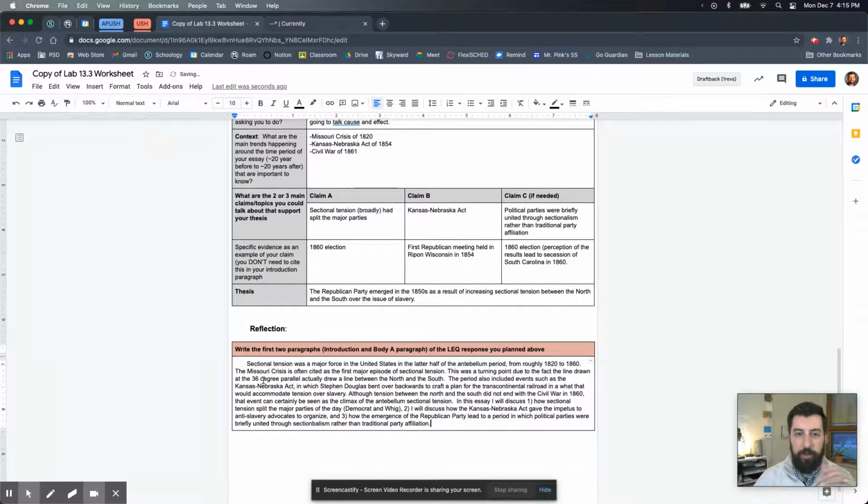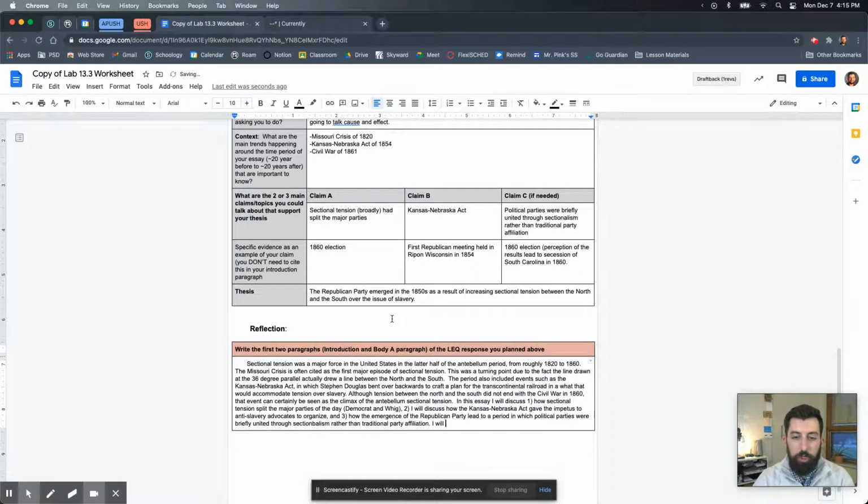Okay, so good. I've just outlined my claim A, my claim B, and my claim C. Now notice I haven't cited the evidence in any of my claims. You don't need to cite that in your introduction paragraph. So now it's time for the big shebang, right? The thesis statement.